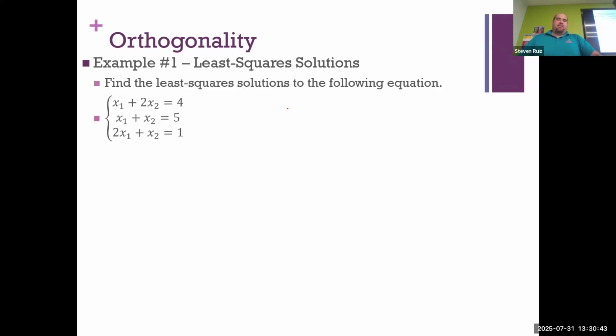Based on the calculation we're going to do, we need to define a couple of things here. We need to define A and B again. So what's our A going to be?